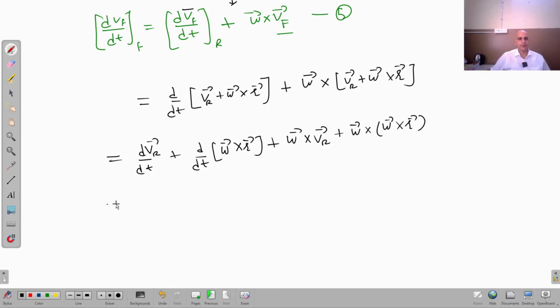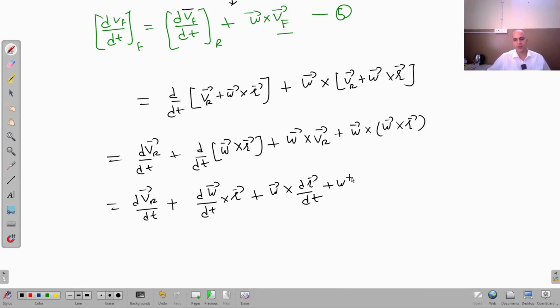Now expanding it: dVr upon dt plus d omega upon dt cross R plus omega cross dr upon dt. I applied the product rule of differentiation for the vectors, plus omega cross Vr plus omega cross R, right?